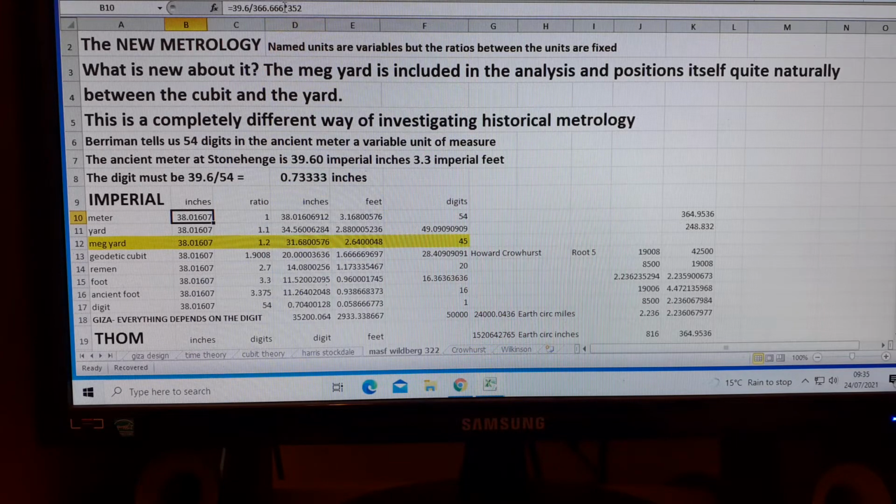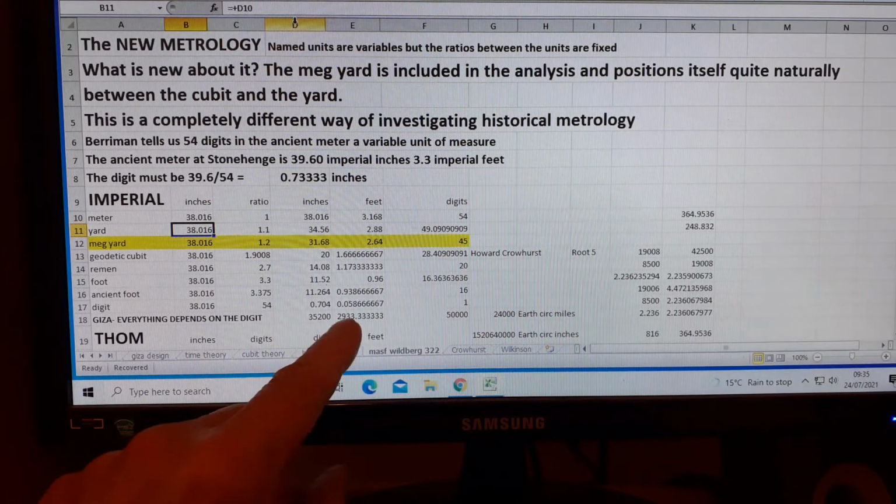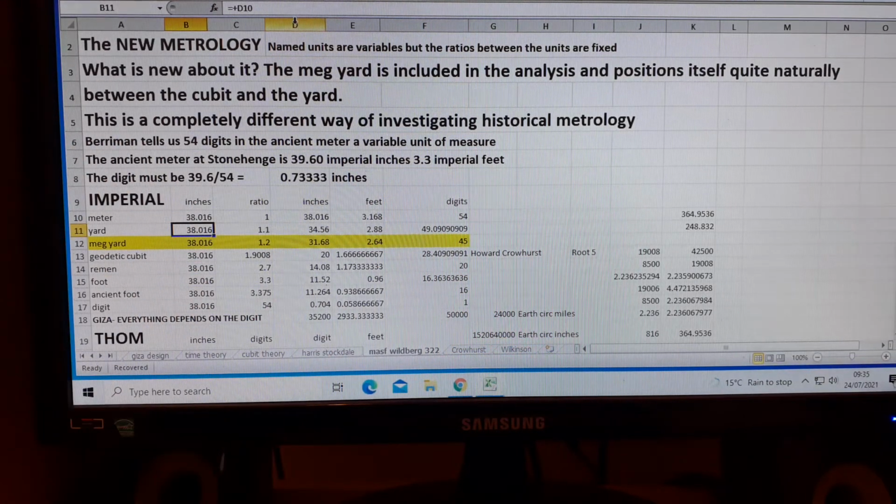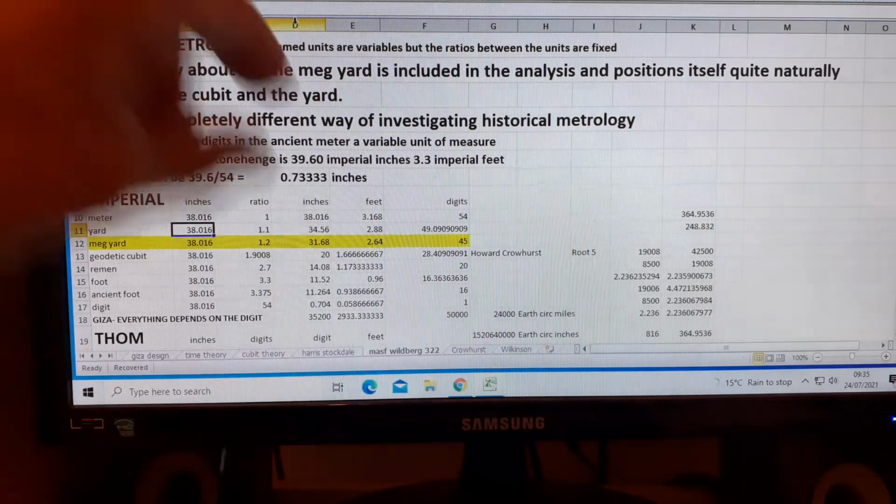I need to put a few more sixes in there. And now we have 35200, and the meter is 38.016, and the cubit is 20 inches.